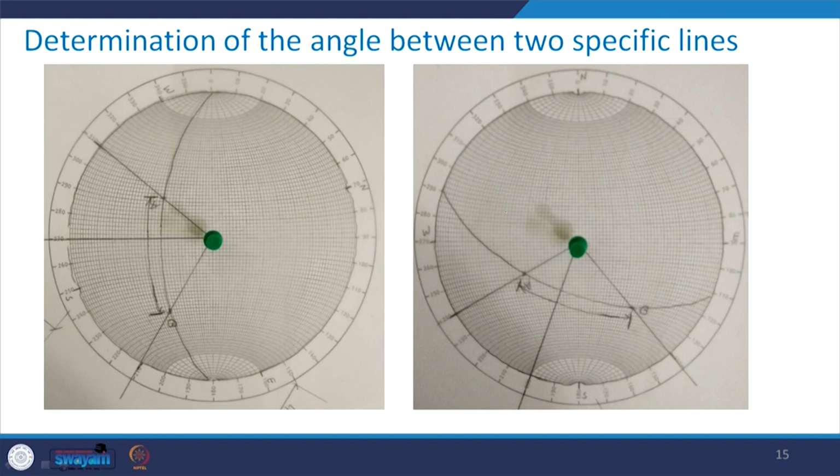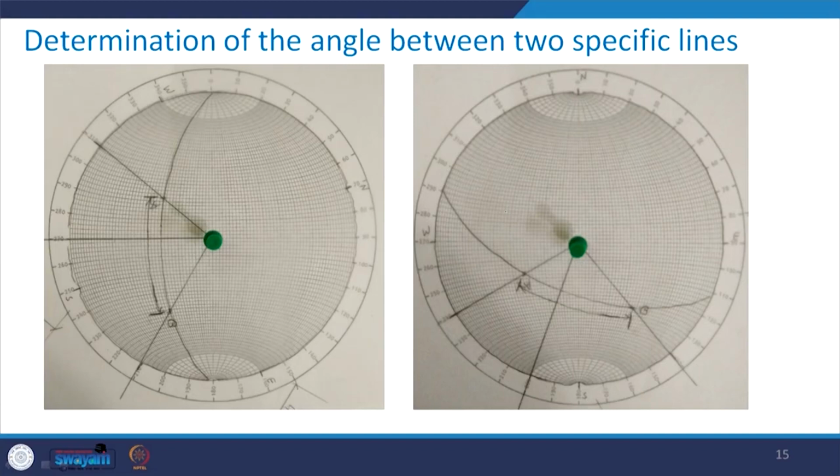Now, how can we determine the dip and the dip direction of this great circle? That means, this great circle corresponding to both the points, both the points are lying on the great circle. What does that mean?